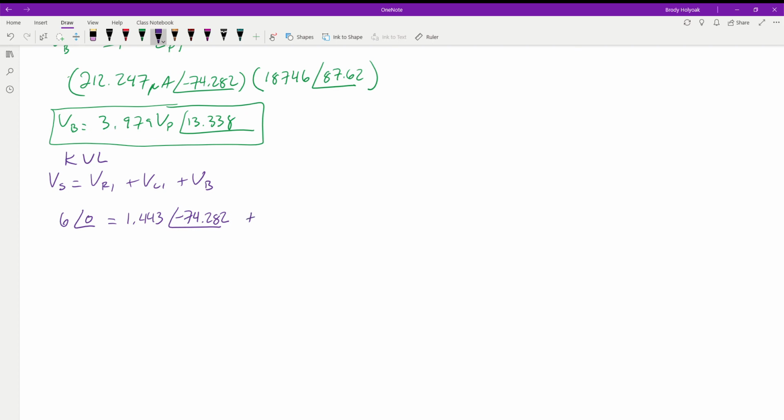Our voltage across the inductor was 1.8 volts at an angle of 15.178, and the voltage for our parallel network was 3.979 volts at an angle of 13.338. Now, if these were all the same angle, we could simply add them together, but they're not. So the way we have to add is to convert all of these into rectangular notation.